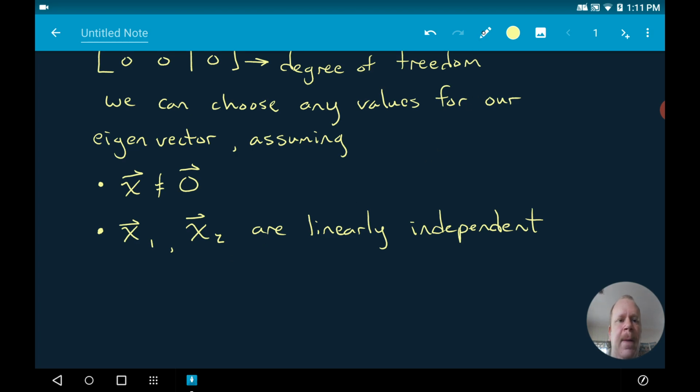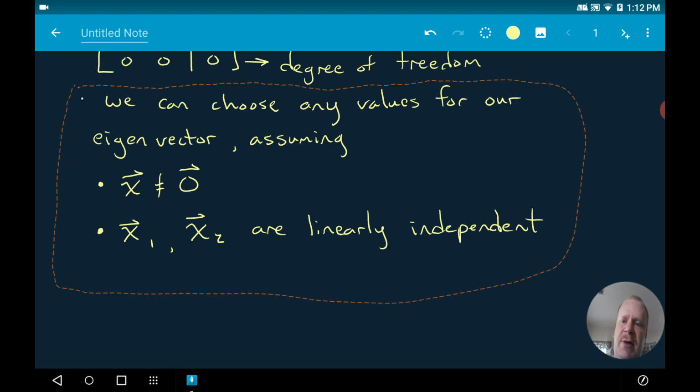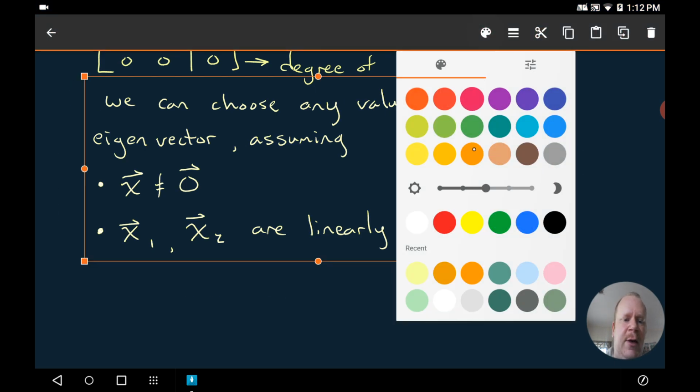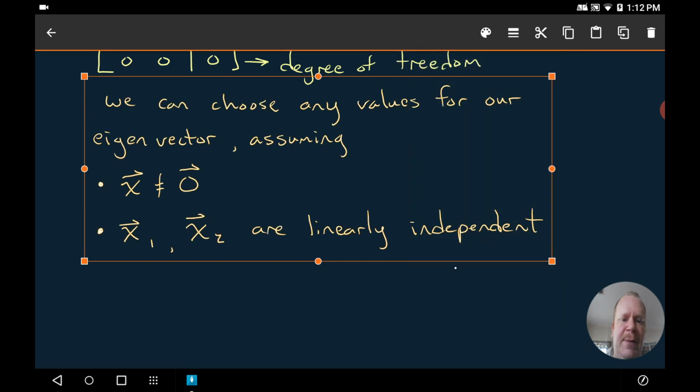Those are the two things that we want to think about when we're choosing our vectors here. As long as we keep those two things in mind, then we can pick whatever we want. We have that degree of freedom.